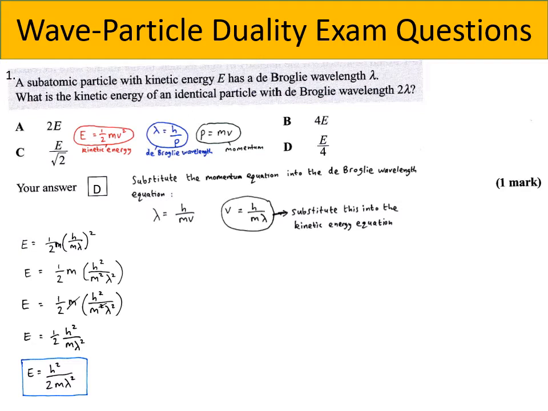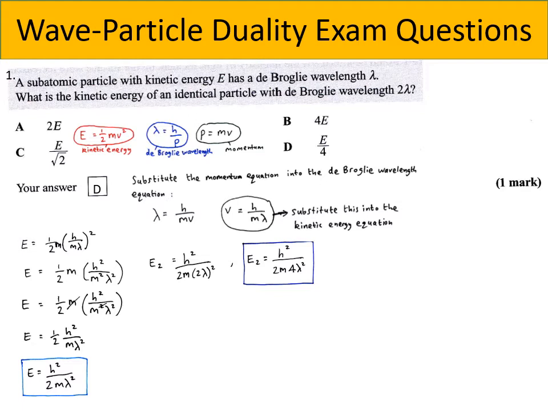Then what we notice is that one of the m's cancels. So we are left with E is equal to a half h squared divided by m lambda squared. Okay, we can write that as E is equal to h squared divided by 2m lambda squared. So let's make a formula for the different scenario where the wavelength is 2 lambda.